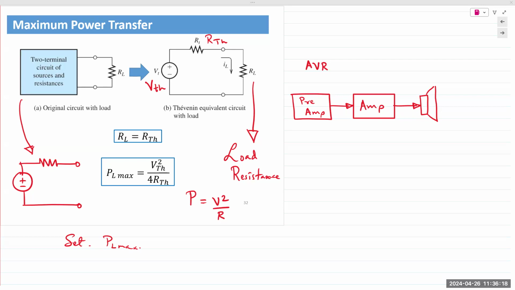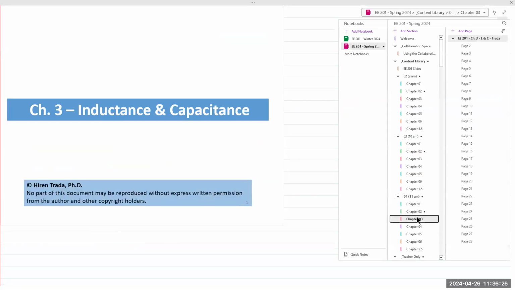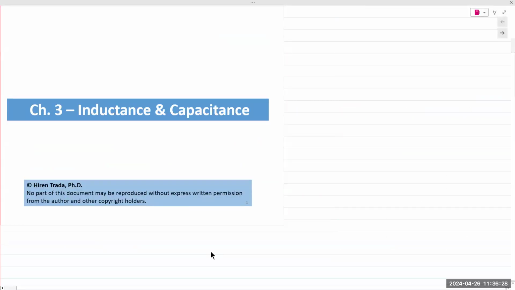Okay. All right. Chapter 3 then. Chapter 3, inductance and capacitance, or inductors and capacitors. Inductors and capacitors, unlike resistors, are energy storage devices.